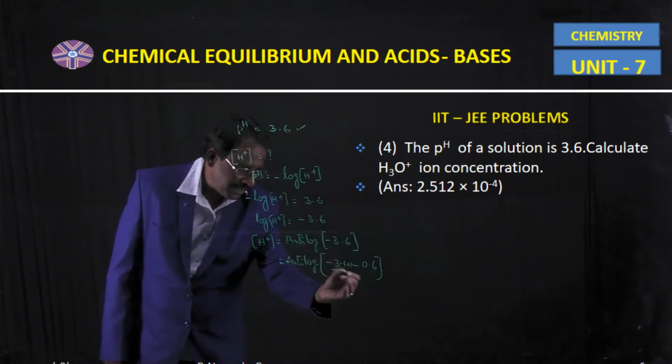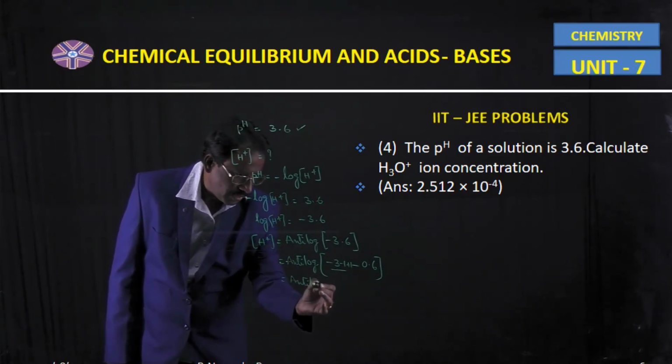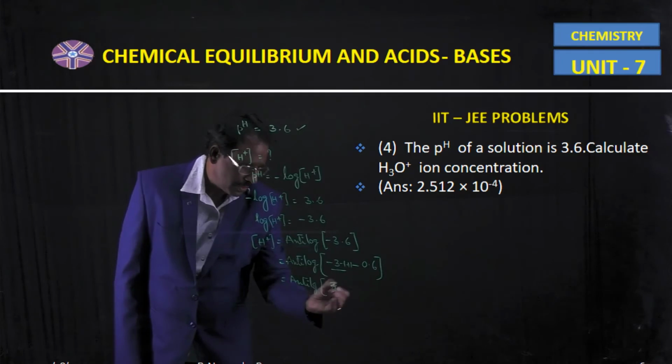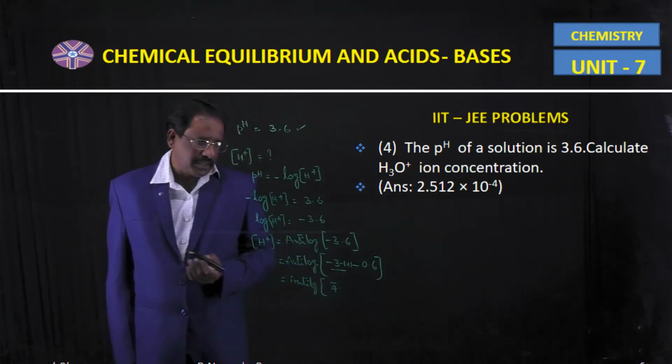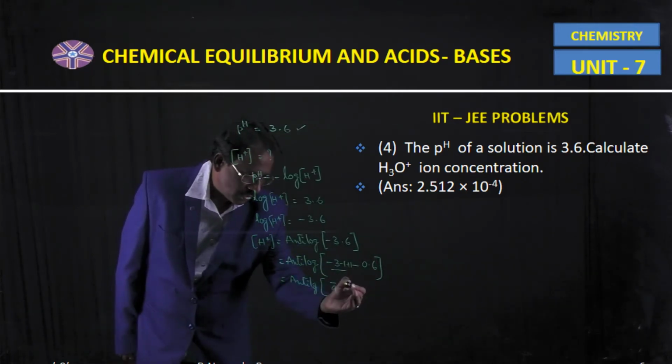So this becomes anti-log of minus 3 minus 1, bar 4, and 1 minus 0.6, that is equal to 0.4.